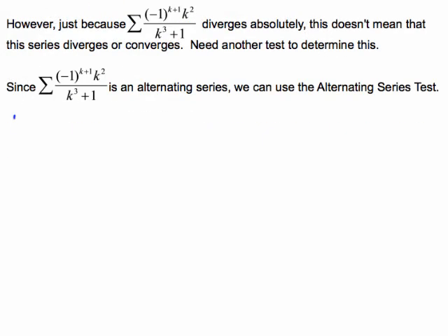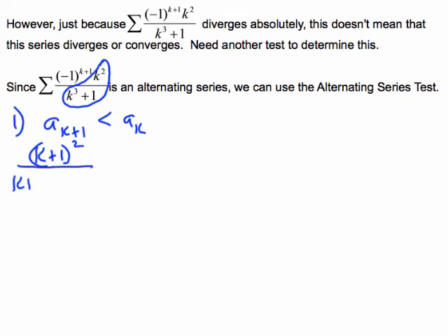And the first thing I need to do with the alternating series test is show that the k plus first term is less than the kth term for all k, and we're talking about the positive part of the term when we do this. So, k plus 1 squared over k plus 1 cubed plus 1, is that less than this?